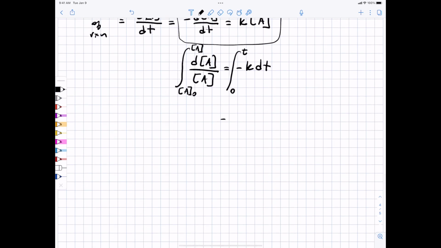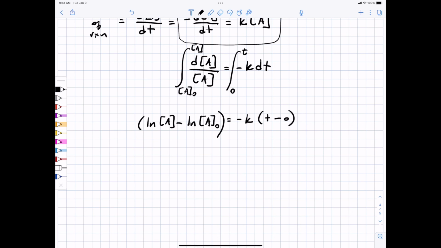And what we're going to do now is just calculus, and you don't necessarily need to know time t minus 0. The integral of 1 over x is the natural logarithm of x. So this is going to be the natural logarithm of the concentration of A minus the natural logarithm of the concentration of A at the start of our reaction.